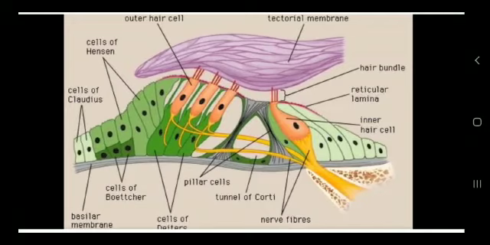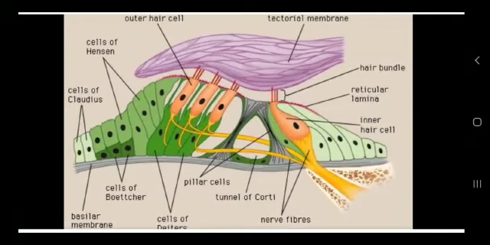Structure of the hair cell. The inner hair cells are flask shaped, whereas the outer hair cells are cylindrical. On the upper surface of the hair cells are present tiny cilia, which protrude into the overlying tectorial membrane. You can see in the diagram that the tectorial membrane is a gelatinous matrix.